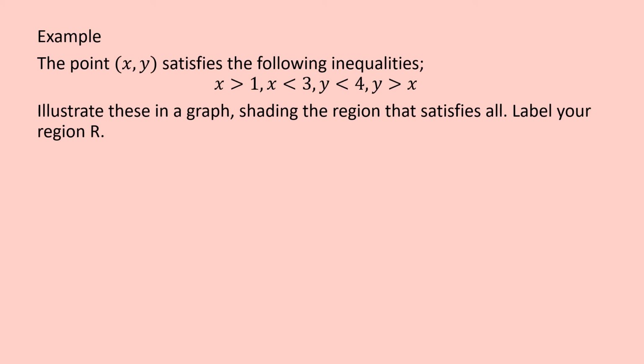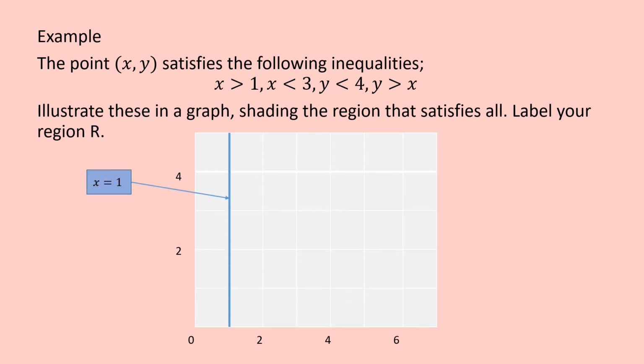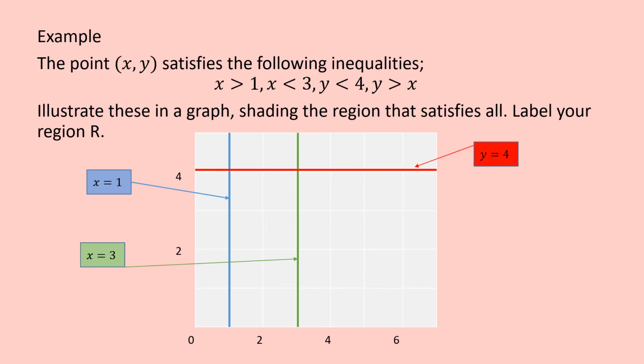Label your region R. First, we have to draw the coordinate grid and then draw the four straight lines. First one is x equals 1, second x equals 3, y equals 4, and y equals x.